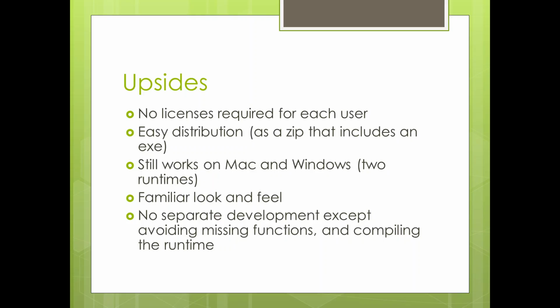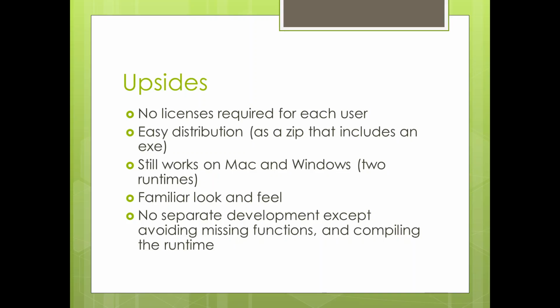Easy distribution. Basically, the runtime gets created as a folder that has an executable in it, and that's the end of story. There is no installation routine. They don't have to pre-install anything else, so it makes it very easy to distribute. You just wrap it up as a compressed or zip file, send it to the person, they unzip it, and they can run it right away. It still works on Mac and Windows. You do have to create separate runtimes for that.